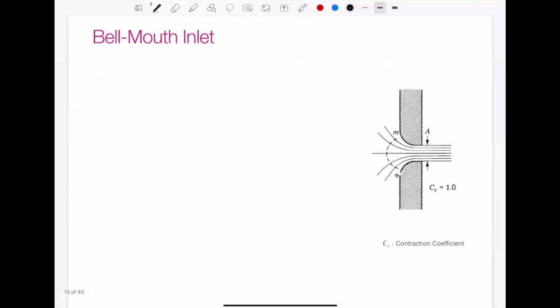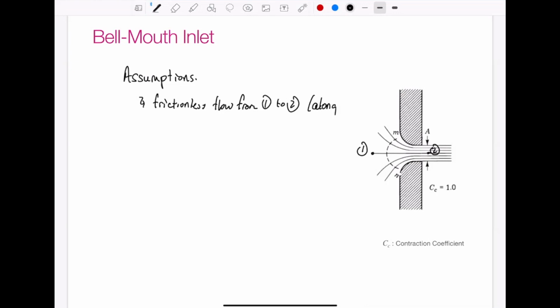So here's another diagram. Some assumptions with a bell mouth inlet: we have to assume that we have frictionless flow along a streamline from point 1 to point 2, and this is along a streamline.